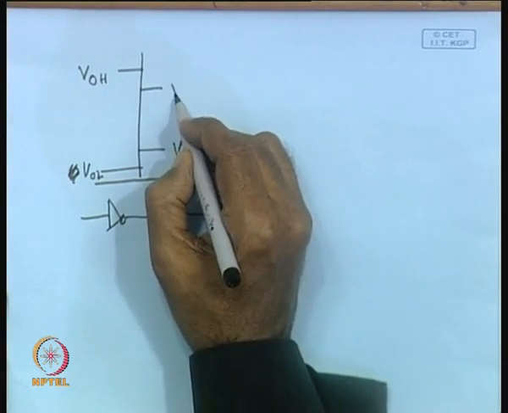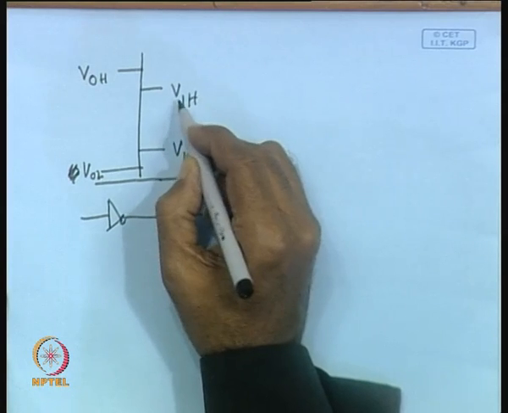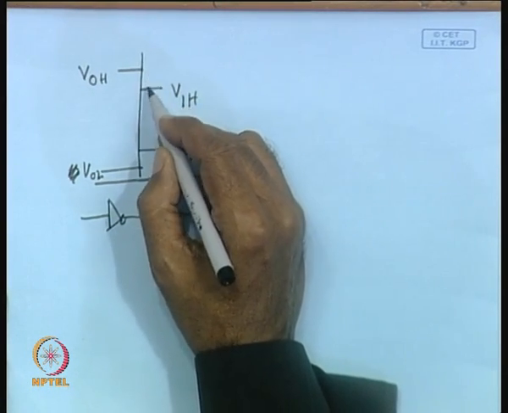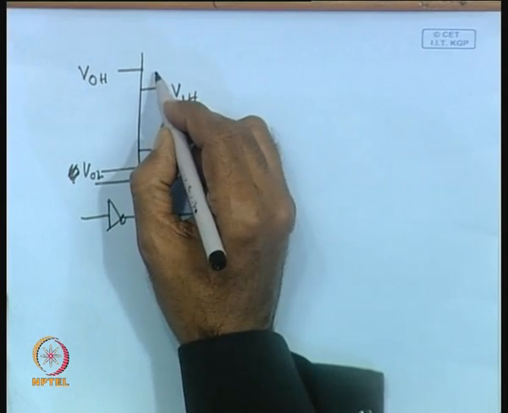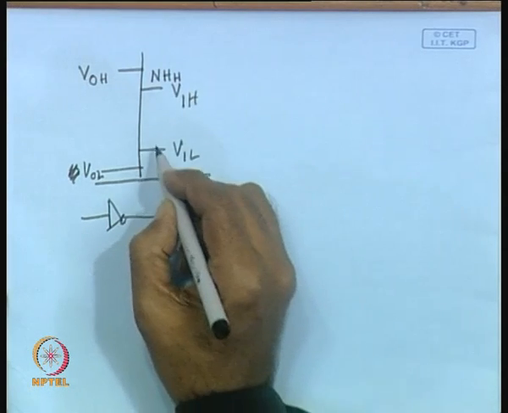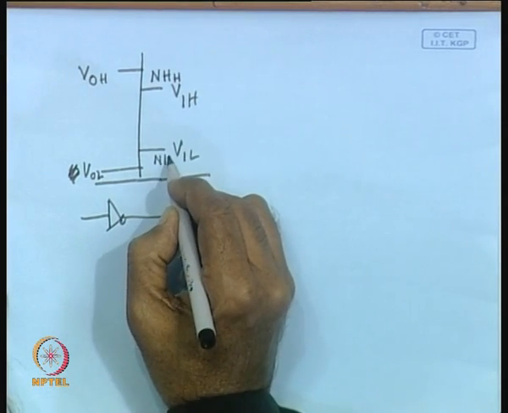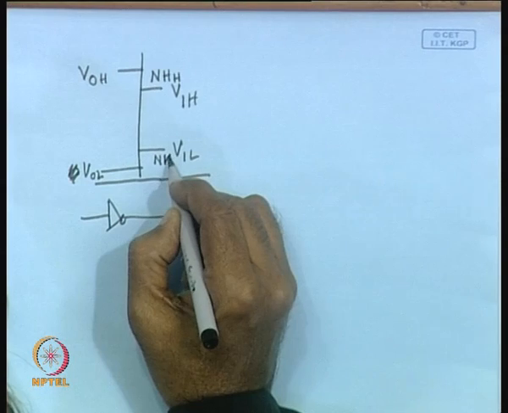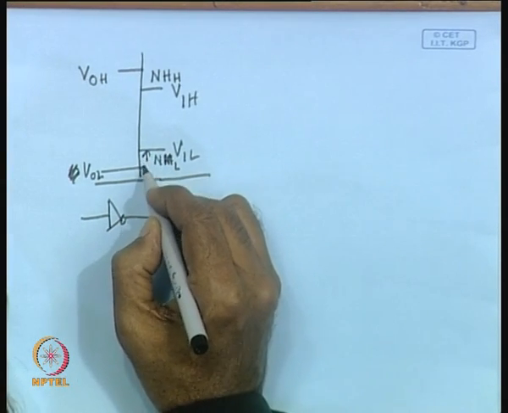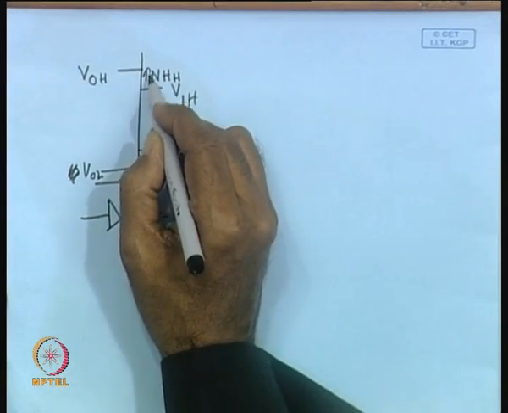Similarly, VIH is the minimum high level input that is expected. So, this is the noise margin at high level, and this is the noise margin at low level. So, this particular region.